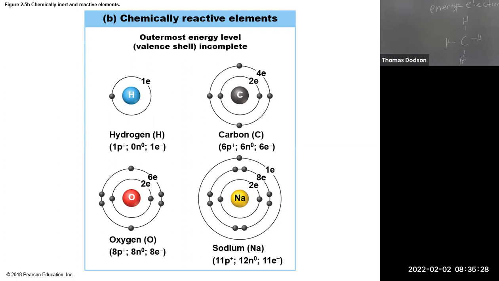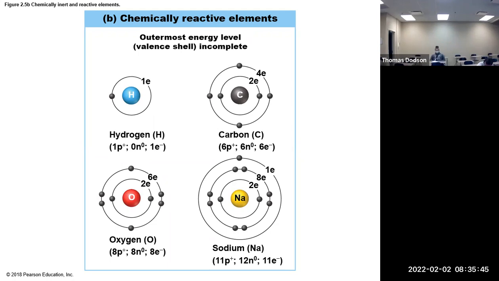And if they share them amongst each other, 1 electron from the carbon with 1 hydrogen, that fills the 2 for the hydrogen. The 1 from the hydrogen, from 4 hydrogens actually, with the 4 in the carbon, that gives them the 8. Now that's the simple way of doing it. But there are times when you can also get double bonds. So you're sharing more than 1. And that can happen too.